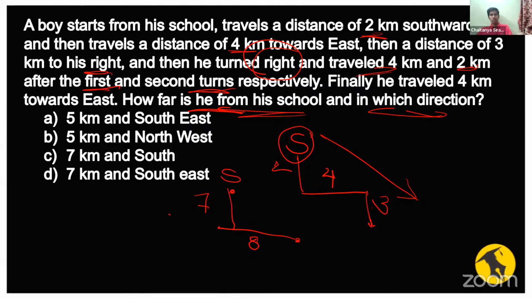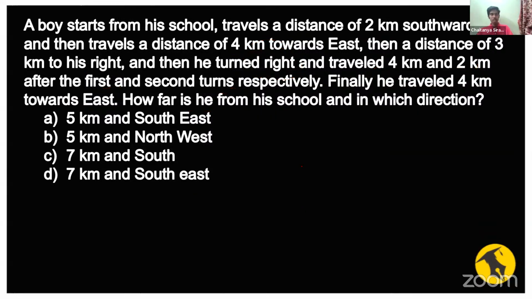At this point, he took a right turn, so he moved this way. So it is 4, and then he again took a right turn and traveled 2. I'll redraw the diagram. Okay, so let's say his school was here. He took 2 kilometers south, then 4 kilometers east, then took a right turn and 3, again a right turn and 4, and again a right turn and 2. All right.